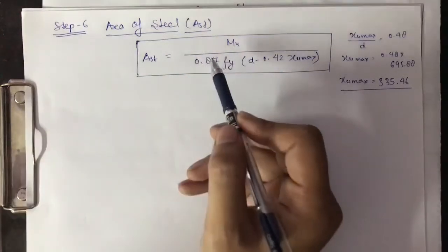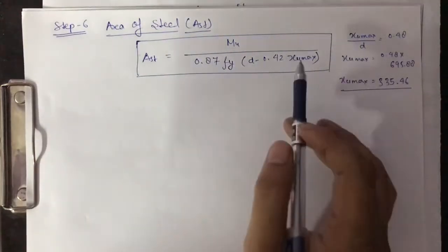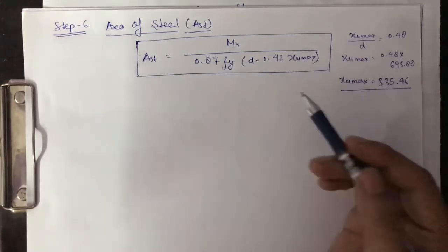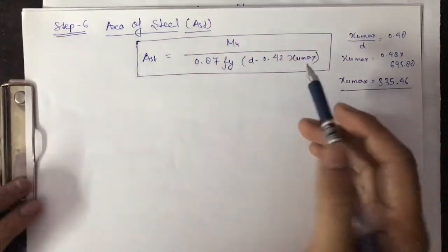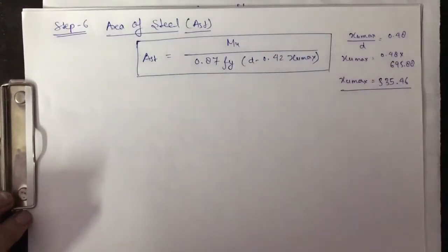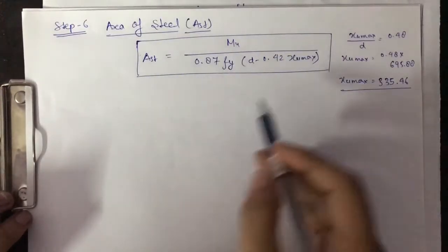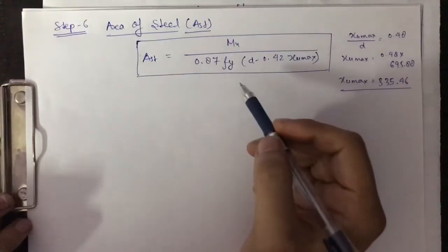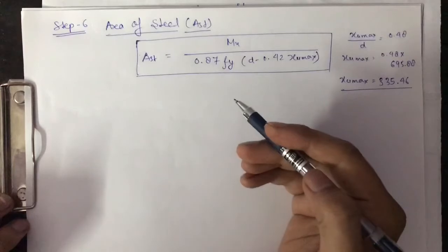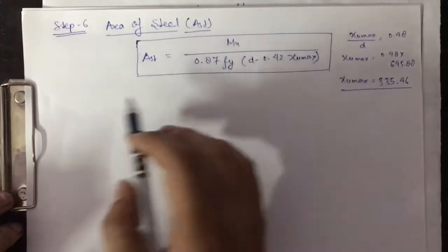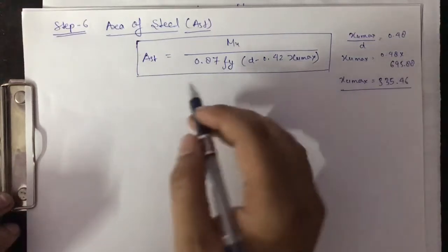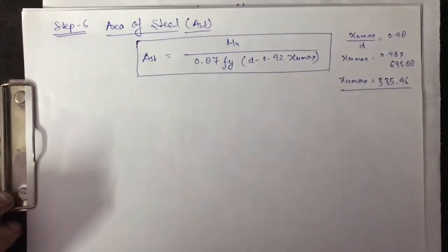Guys, there is no need to learn the complete formula in the case of RCC calculations, because these formulas are all linked together by the basic concepts of mechanics. So if you have the basic knowledge of mechanics, then you can easily create the formula for RCC calculation on your own.